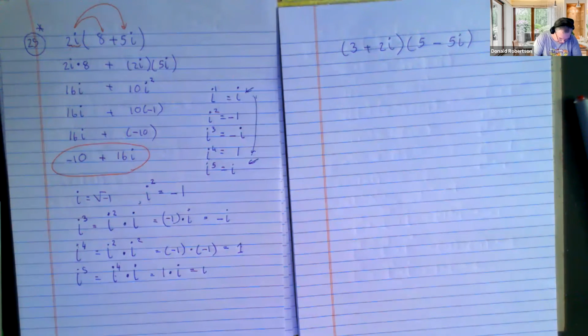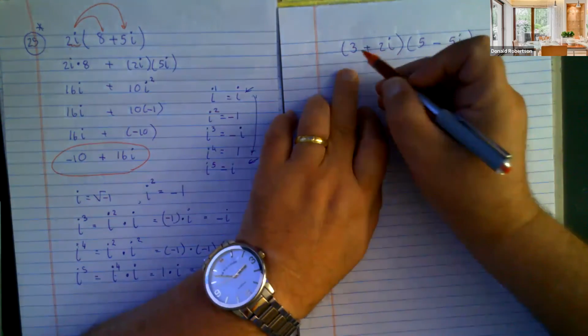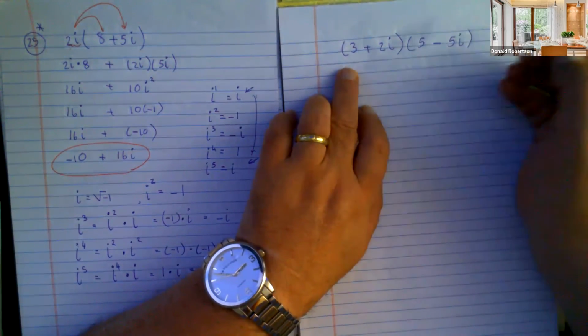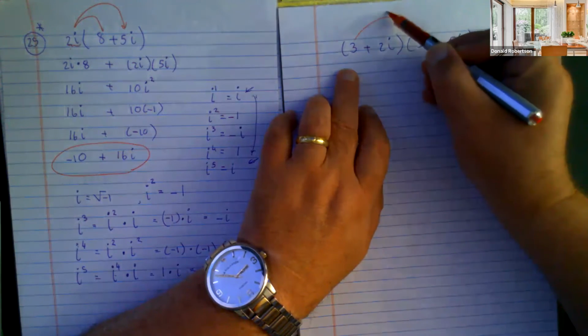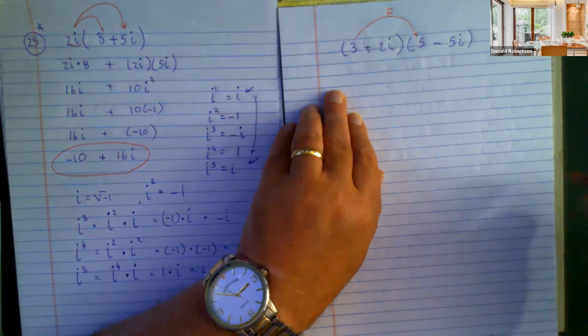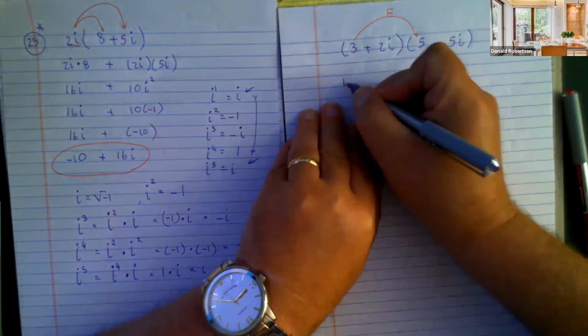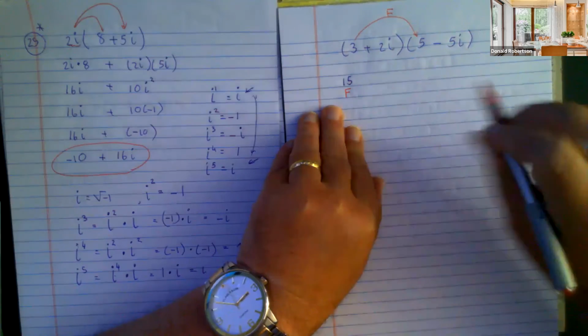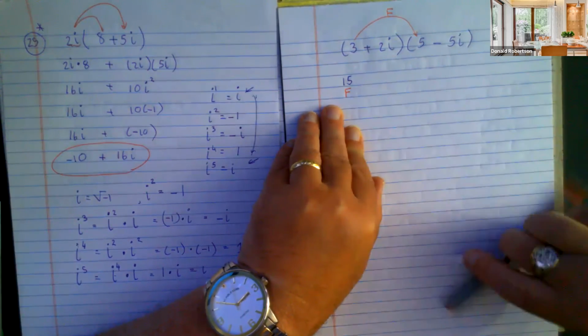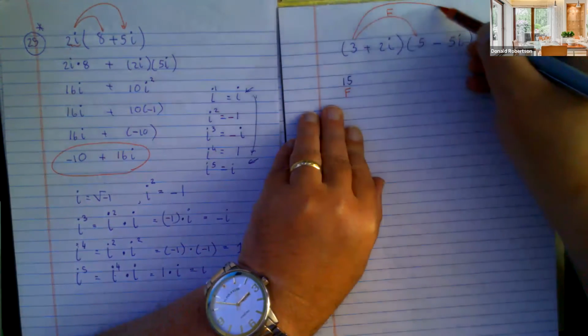And the reason I said FOIL is because that's exactly how we're going to do it. It's just like the algebra with x's. So you start with the F, which in this case is 3 times 5, which is just 2 real numbers, so you get 15. So that's the F part. If you want to do the outside, the O, you go those two.